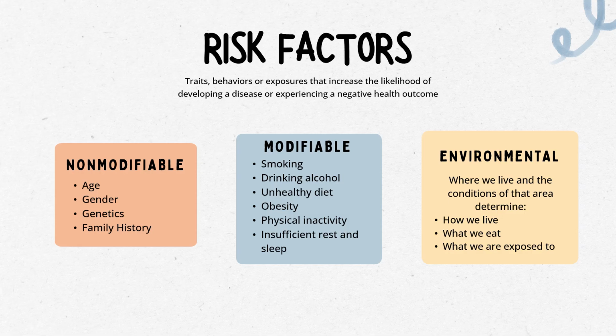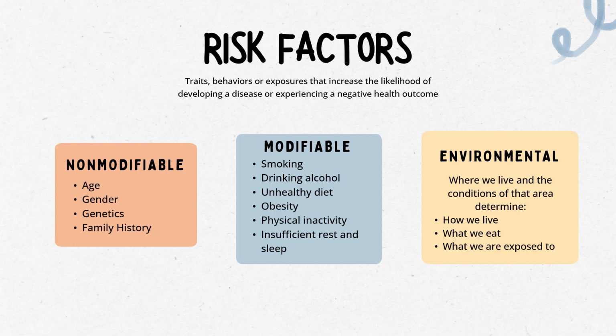And then environmental. Environmental are external conditions or exposures to a person's or within a person's surrounding that increase the likelihood of injury, disease, or negative health outcomes. So for instance, does it affect how we live and what we are exposed to?